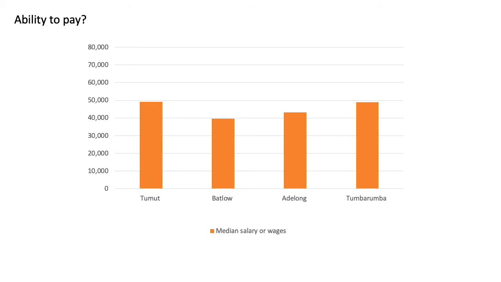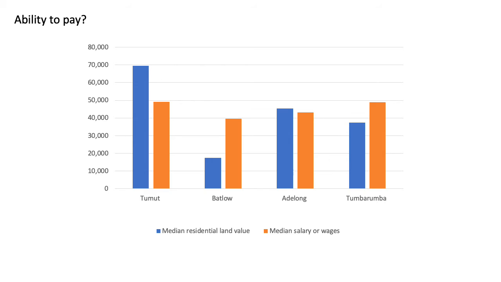And the easiest way to explain this is to look at the available tax information on incomes in different towns, and incomes are a very good indicator of ability to pay, which is why they're used to levy income tax. But when we put that alongside the typical land values in each town, you can see that there's not a strong correlation at all. So that's the issue with relying too heavily on land values as an indicator of ability to pay.